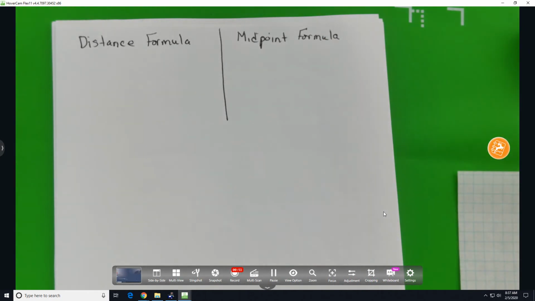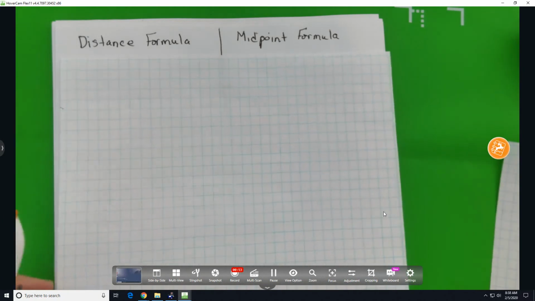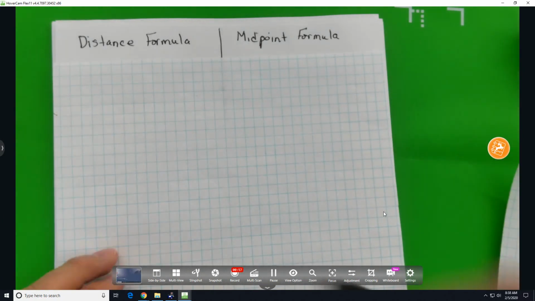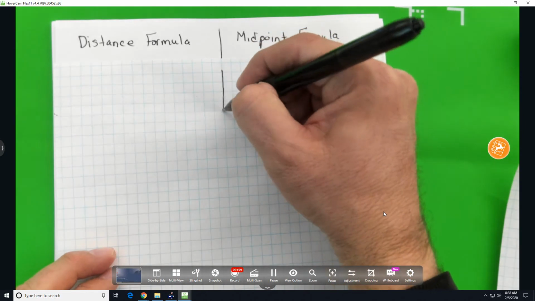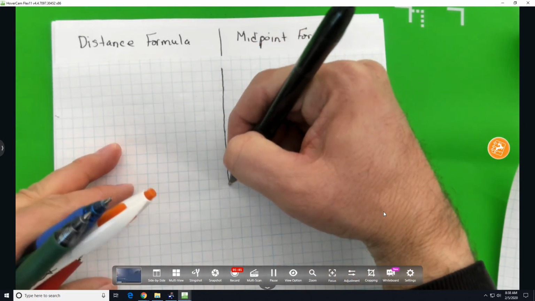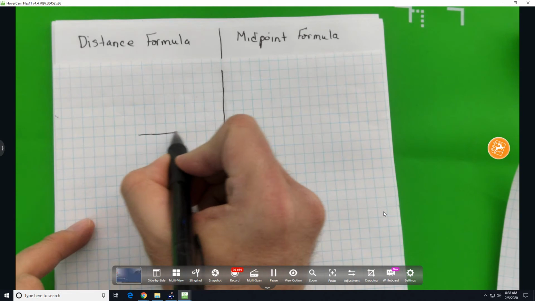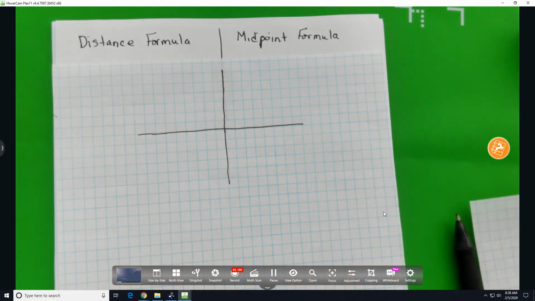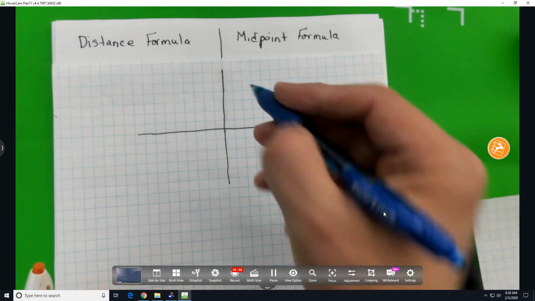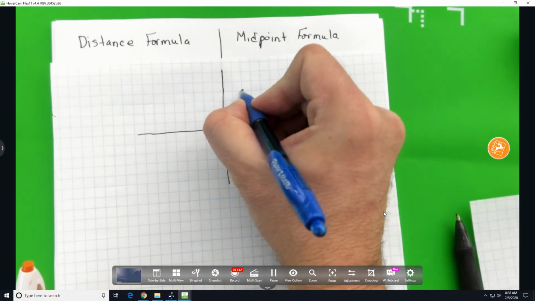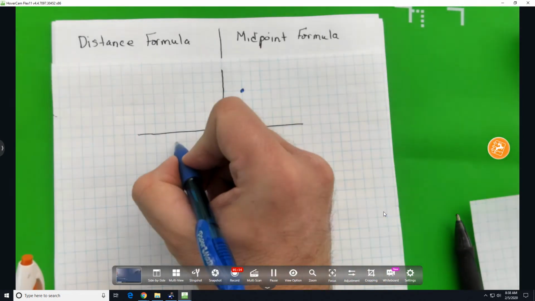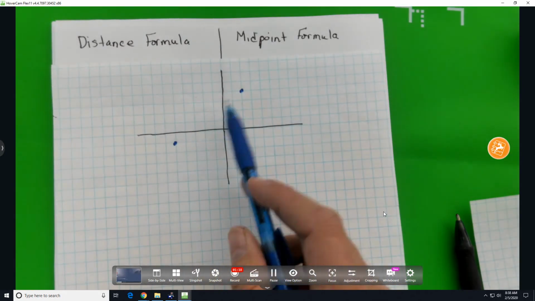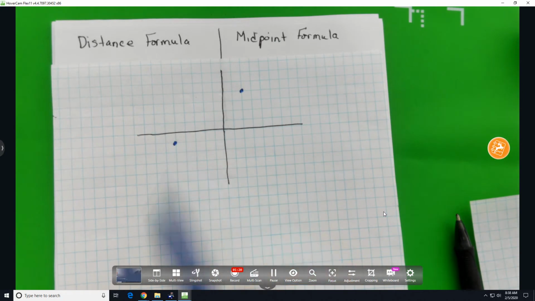Based on your knowledge of the English language, you can probably figure out what the distance formula is. If you had a graph and you had two ordered pairs plotted, there and here, so here are 2 points on this graph.